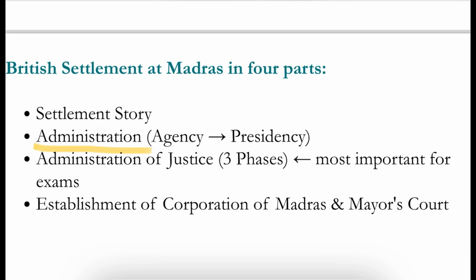Then administration of justice. We will study this in three phases. It is the judicial system. And the fourth part, establishment of the Corporation of Madras and Mayor's Court. These are the four parts. Keep this four-part structure in your head.